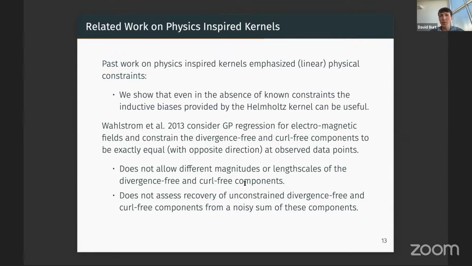And they also parameterize the kernels to have the same parameters. And that makes a lot of sense in the model they have, since they know the fields are equal at certain points. But in our case, if we were to take a similar approach, we wouldn't really gain that much from using the Helmholtz parameterization, since in that case, it would just be an instance of the velocity GP, as we talked about on the previous slide, since that amounts to modeling U and V independently with our likelihood model.